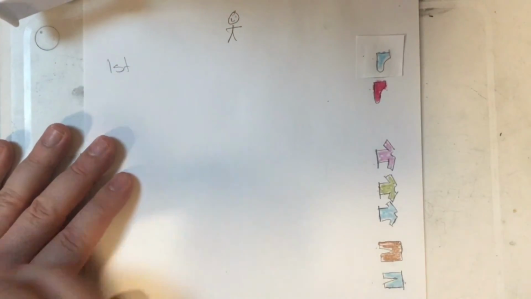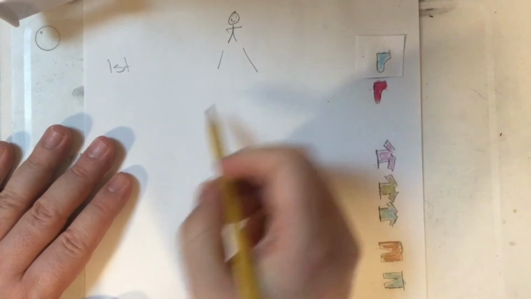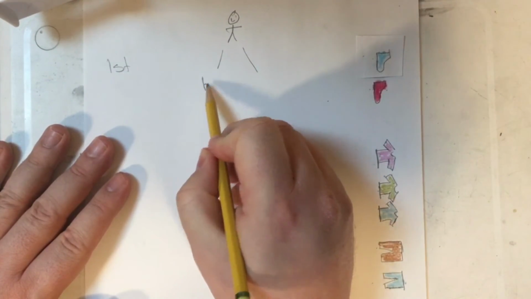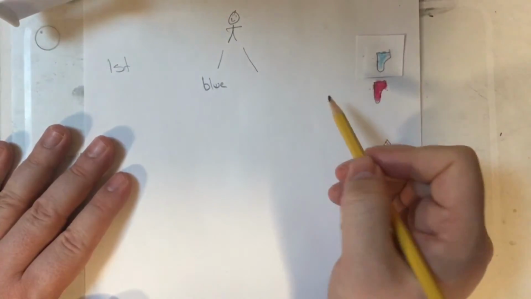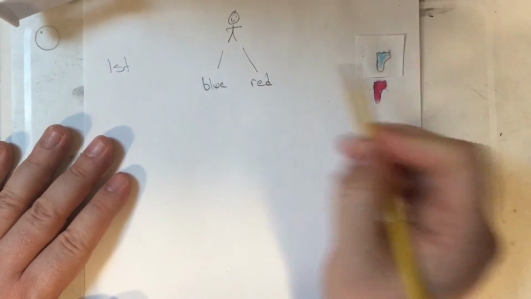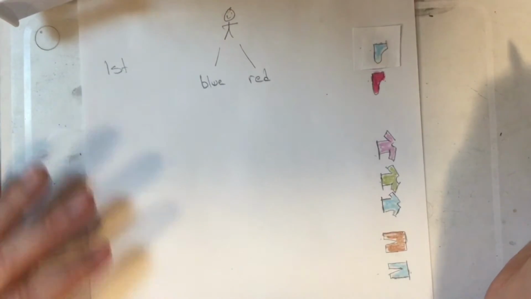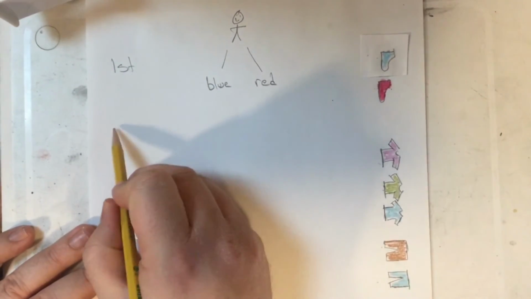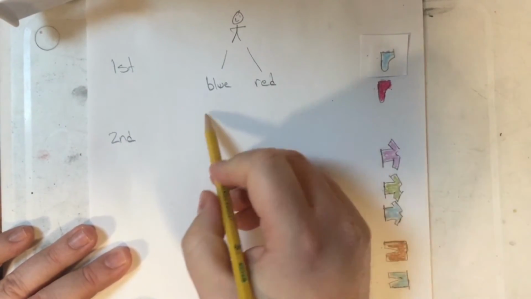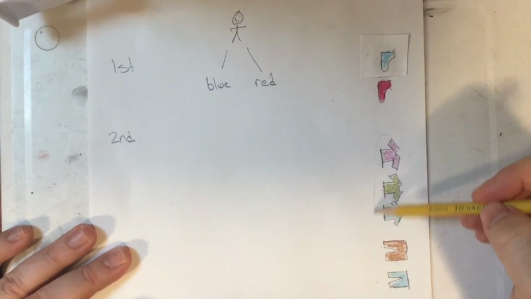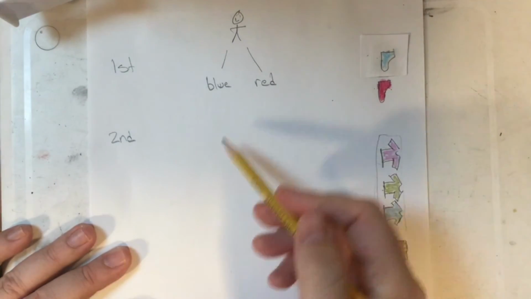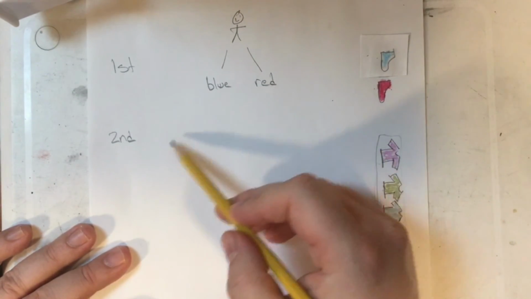And Loudon wants to pick his clothes, so he's going to pick shoes. He's going to pick a blue pair of shoes or a red pair of shoes. Those are his 2 options. Now he can also pick, for his second option, one of 3 shirts. So this one is actually going to split into 3.